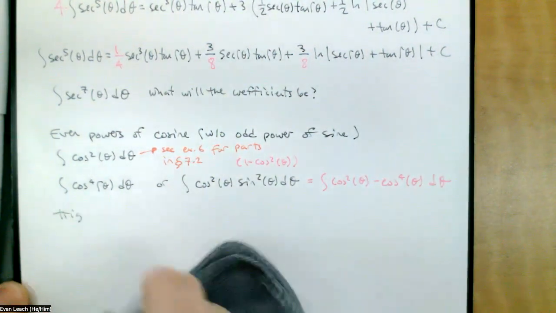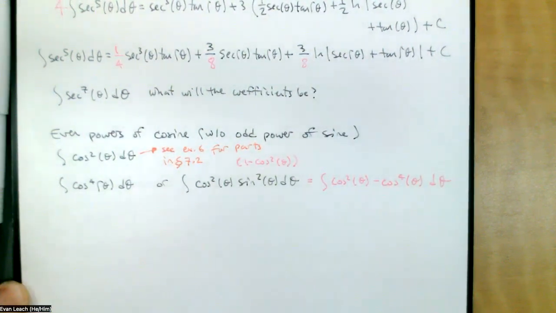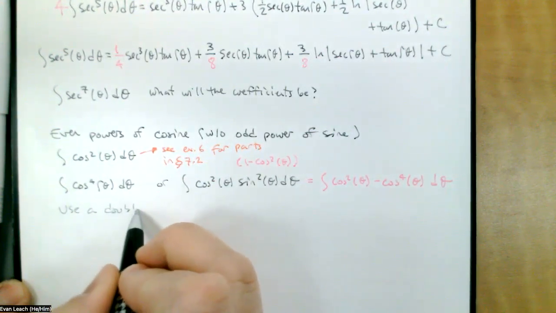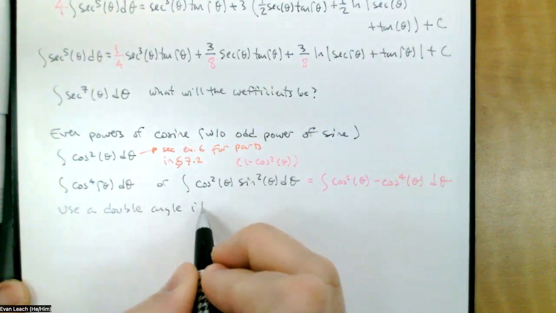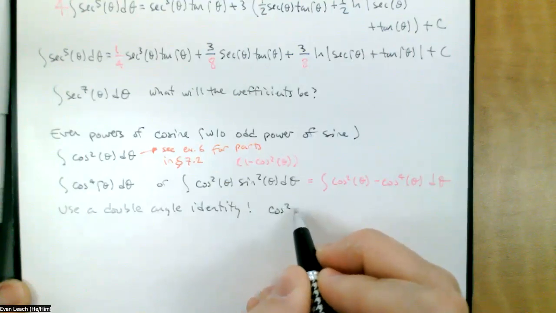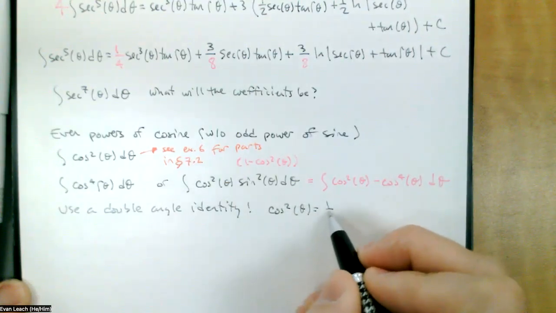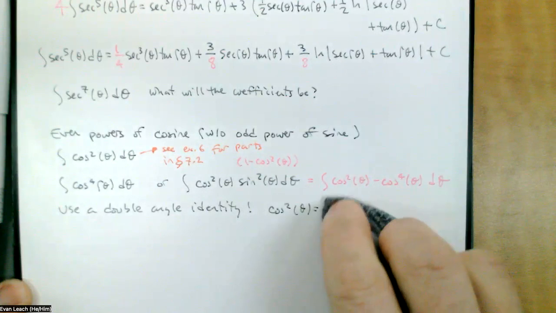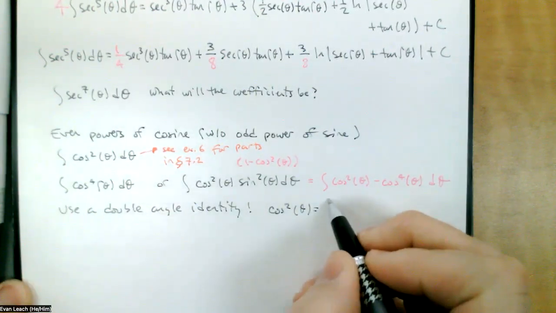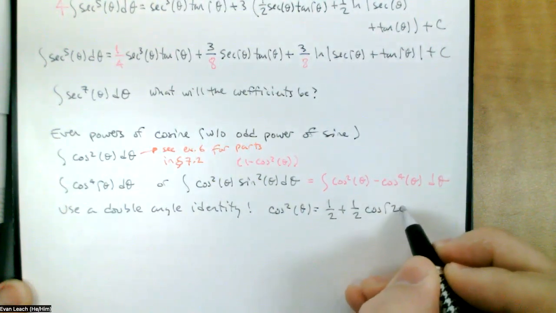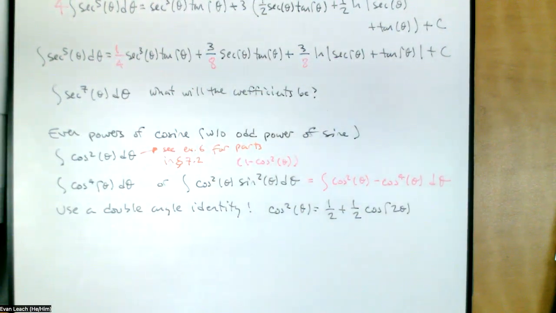Well, let's just call the trig identity which one it is. So we are going to use a double angle identity.